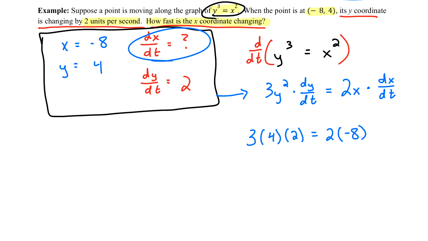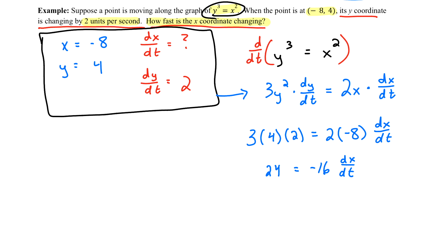We didn't know what that was, so we'll just leave that as dx over dt. So now we've just got some multiplication to do. 3 times 4 times 2 here, I should have 24 is equal to 2 times 8, negative 16 times dx over dt. And then I'll just divide both sides by negative 16.